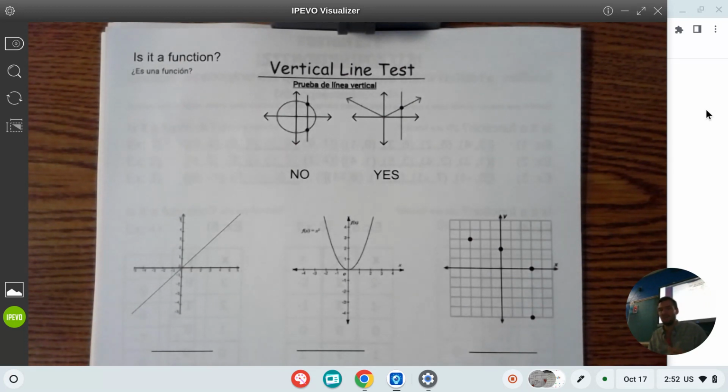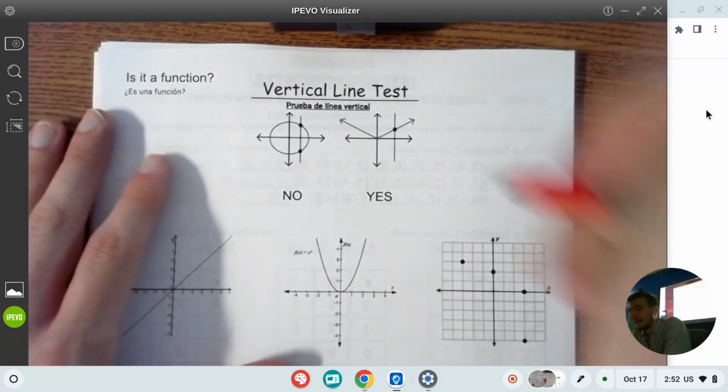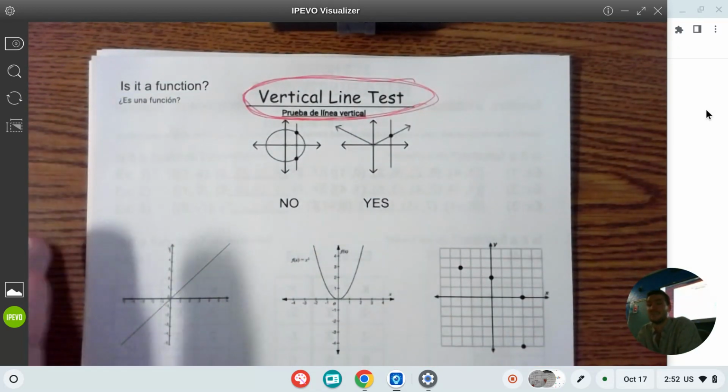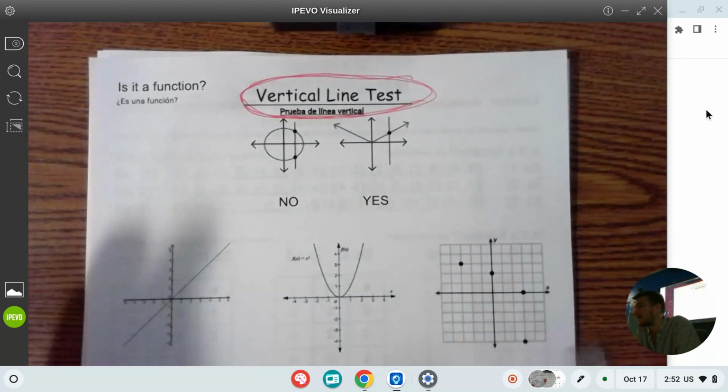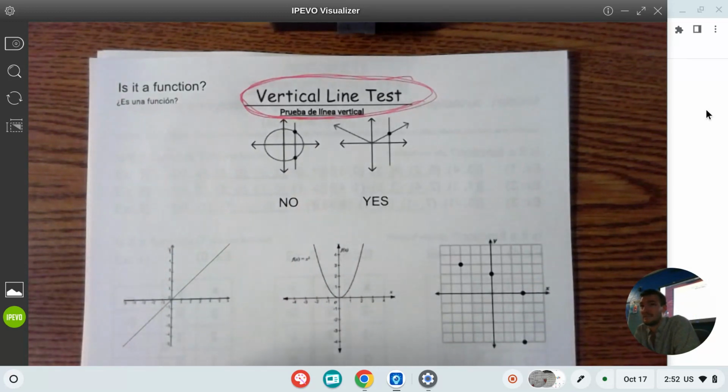If you snooze through this, you will be missing these questions. We're talking about the vertical line test, and just a heads up, the vertical line test is an answer on the classwork that you're about to start. This is one of the answers, vertical line test.